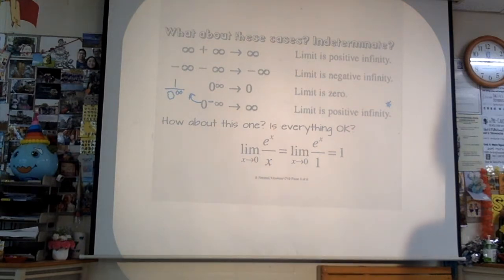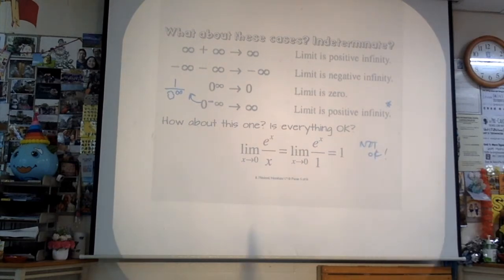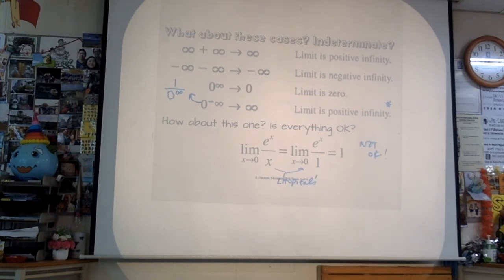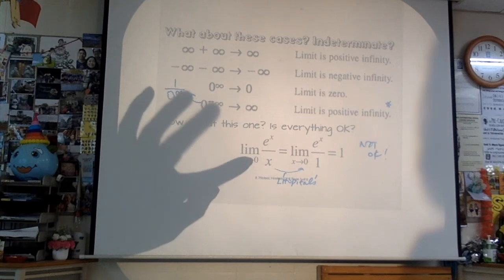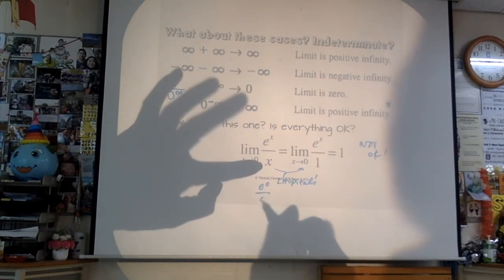So, I hope you made the conclusion that it's not okay. Why is it not okay? So what happened from here to here? If you're thinking L'Hopital's, you're right. They did L'Hopital's here. But what do we have to always check for before you do any L'Hopital's? You've got to be like, okay, is it eligible for L'Hopital's? Let's try, okay? If I plug in a 0 here, I get e to the 0. If I plug in a 0 here, I get 0.